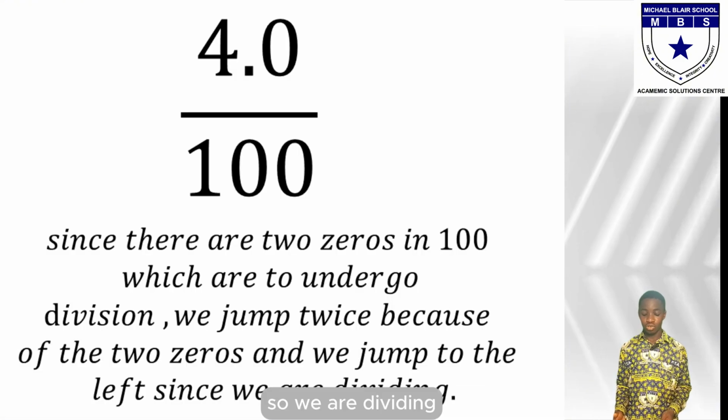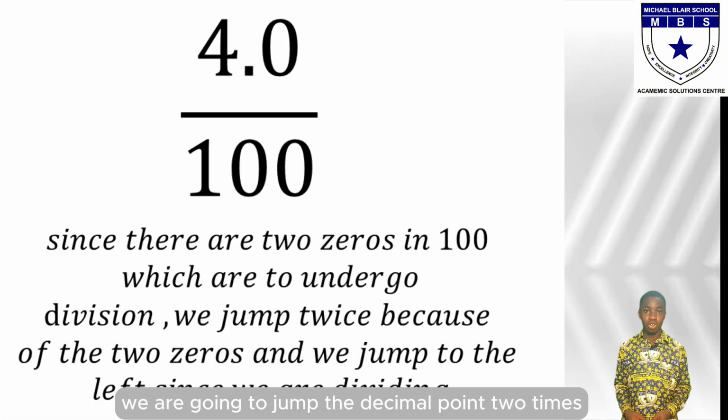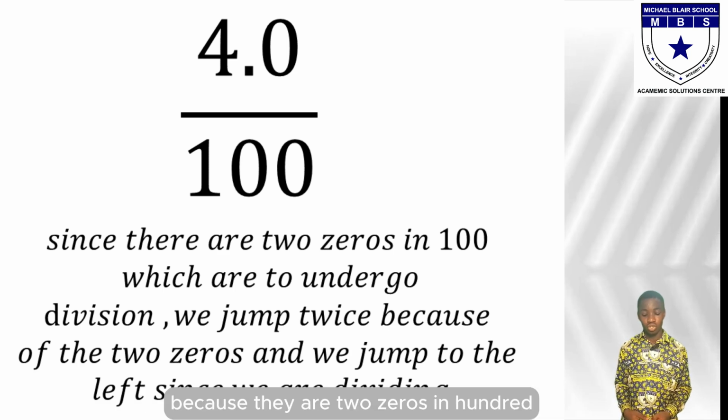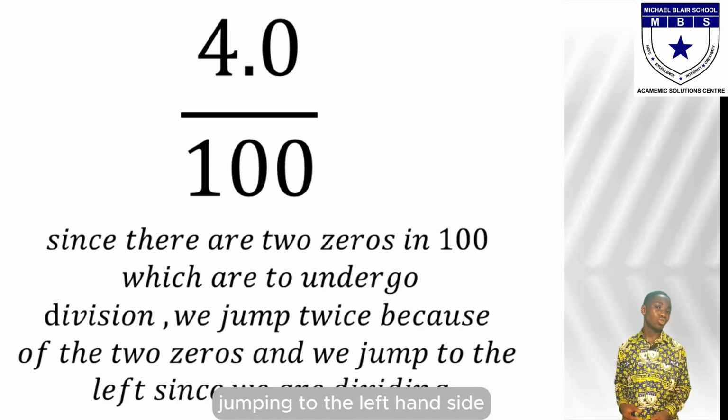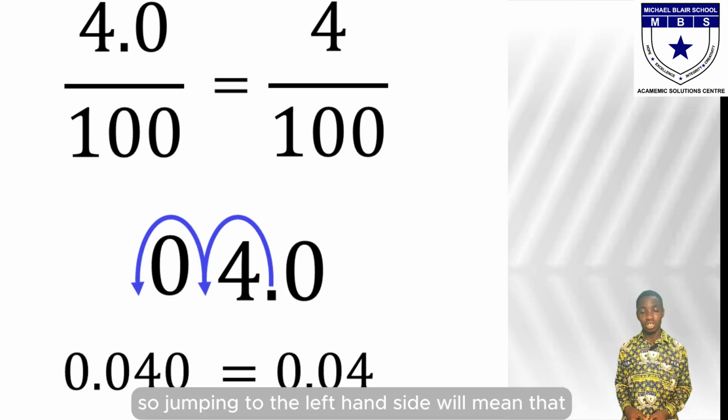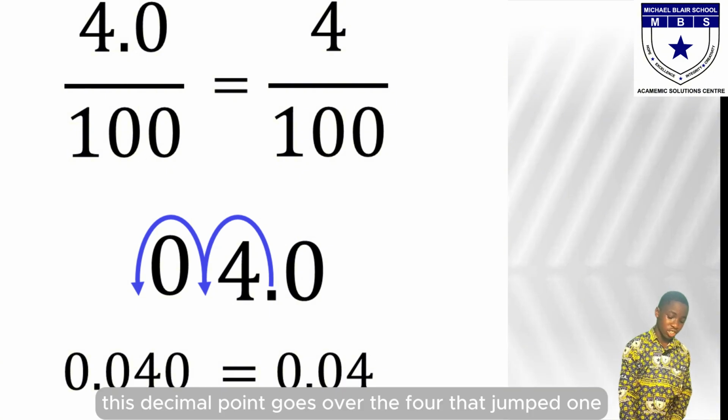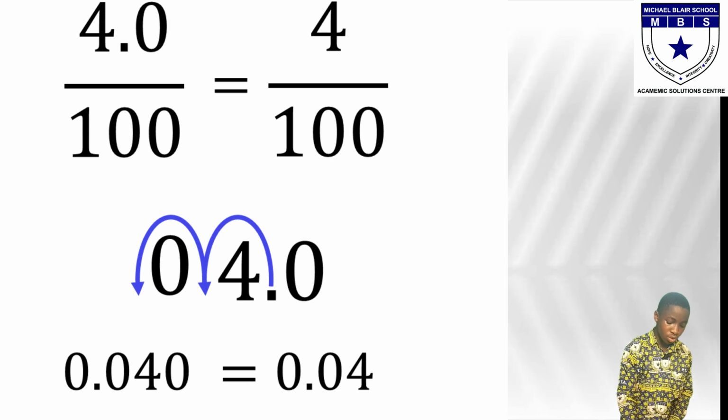So we are dividing. We are going to jump the decimal point 2 times because there are 2 zeros in 100, and we are going to do this jumping to the left hand side. So jumping to the left hand side will mean that this decimal point goes over the 4, so I jumped 1 and goes again.